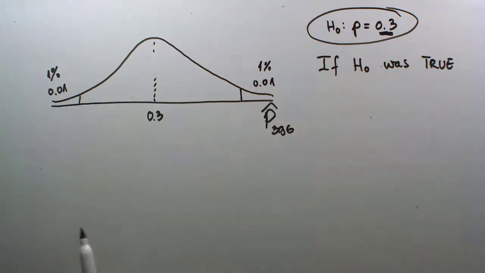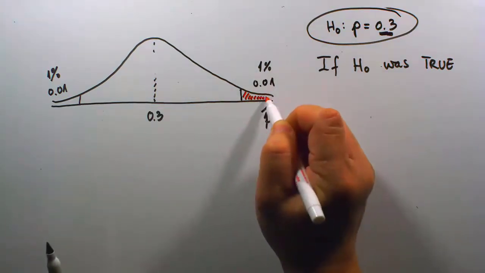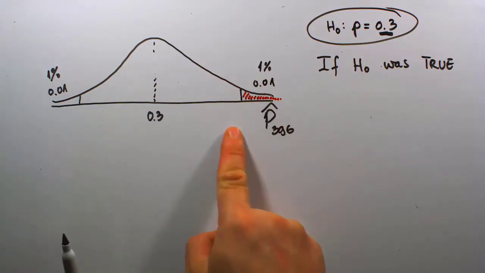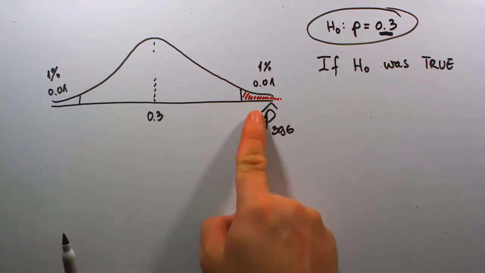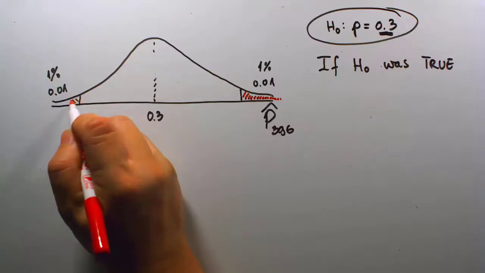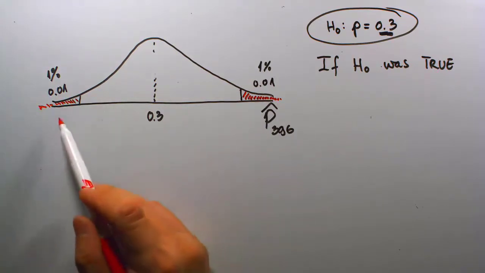There's already 1% of area given to those values that are unusually high, and then there's also another 1% for those values that can be unusually low.